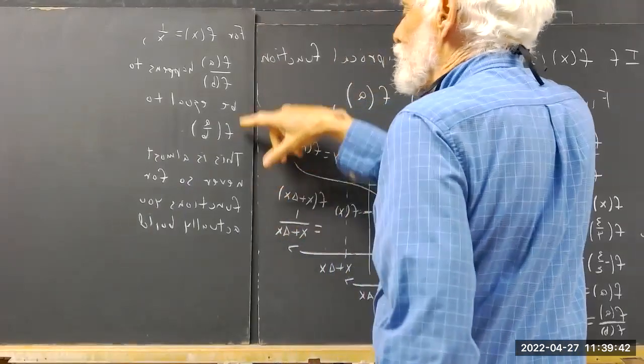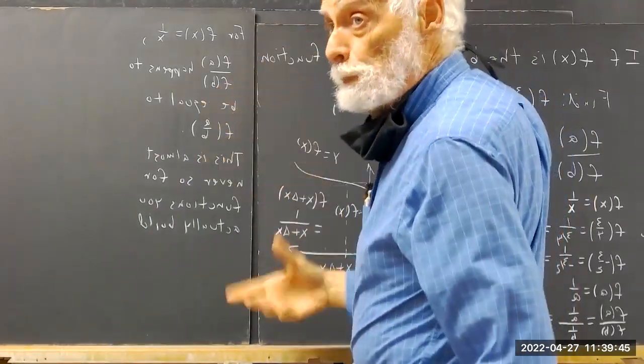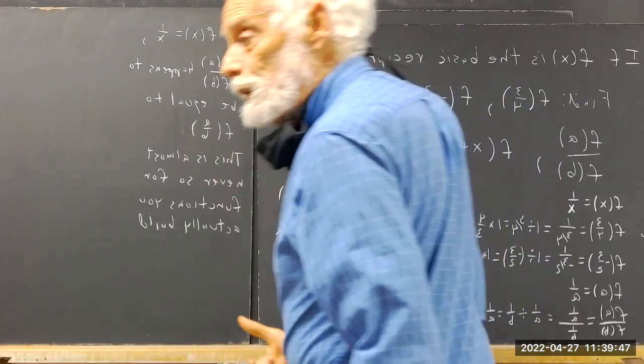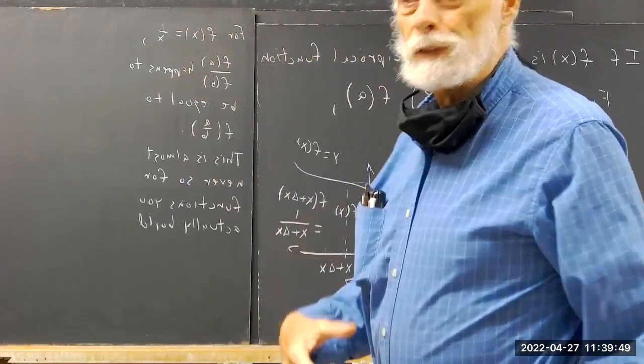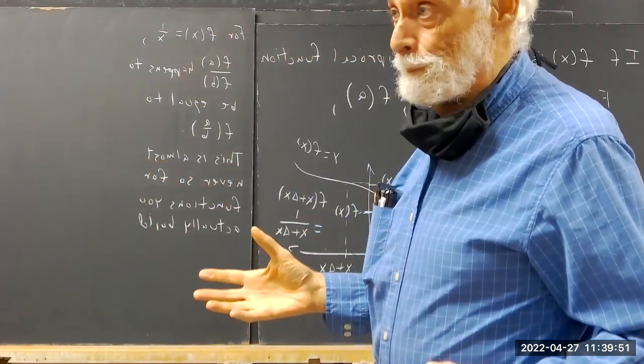Okay, so f of A over B is f of A over B for this function. And it's also so for most of the basic functions because they're very simple. Okay.